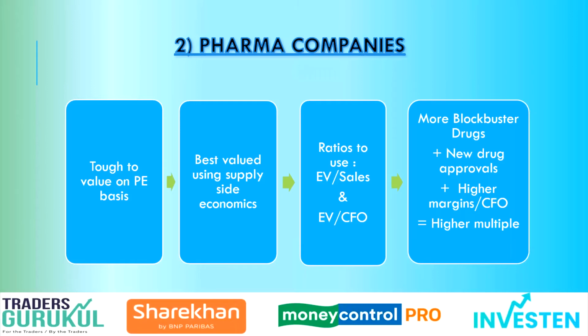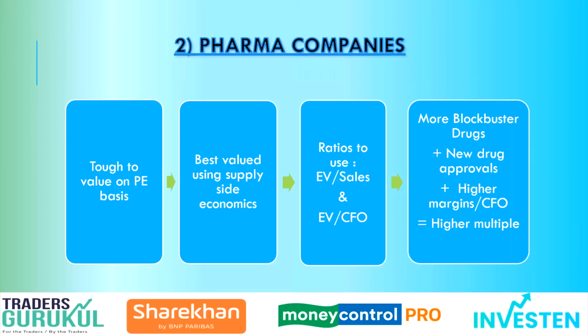Over the past years, what I have observed is that smaller pharma companies, for example Natco Labs, generally trade in an EV sales range of 1 to 4, where 1 and 2 can be considered a cheap buy, and if the current EV sales ratio has reached 3 or 4, that can be considered expensive and an investor can look to exit.